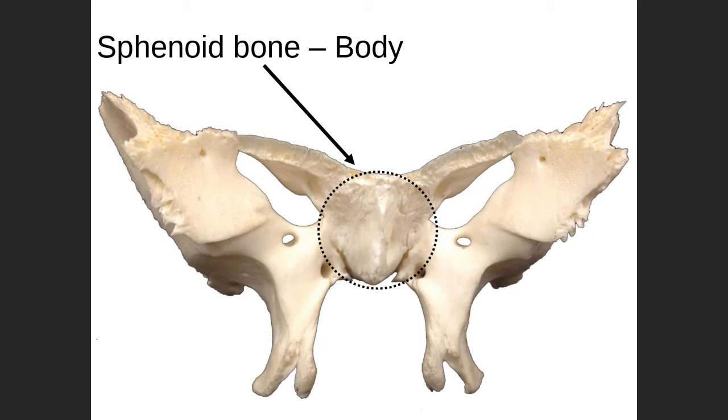Now, the sphenoid bone has a very important job, as do all bones. It forms a structure around a very important gland called the pituitary gland. It plays a humongous role in hormone regulation. The next view that I'm going to show you is a sagittal view.